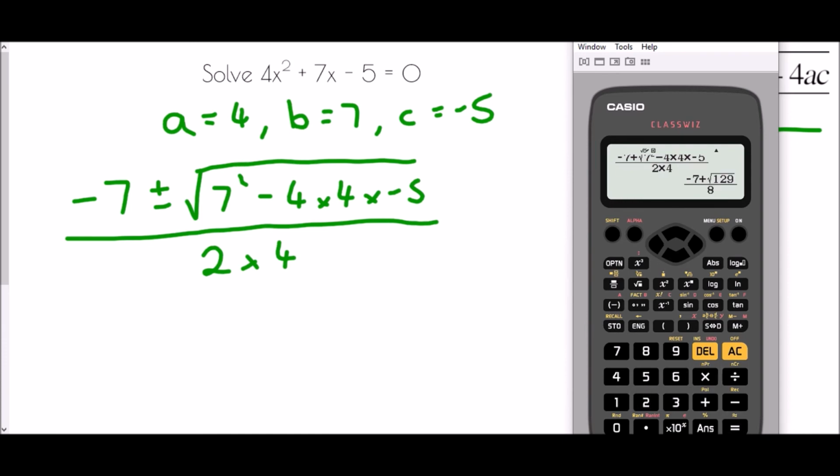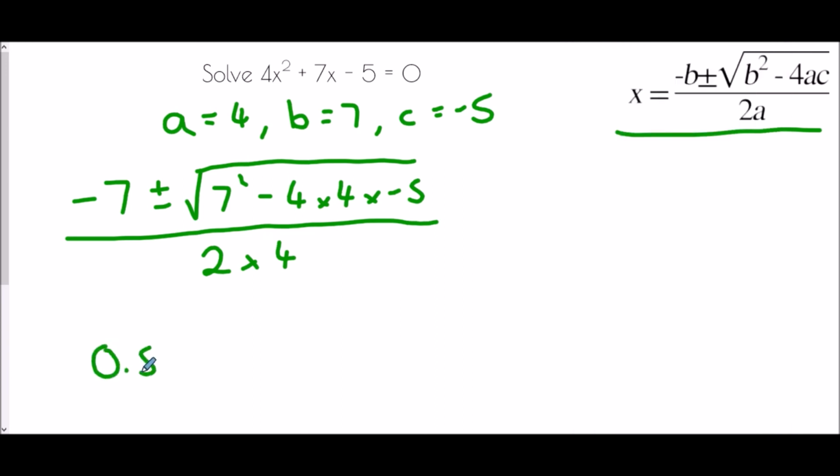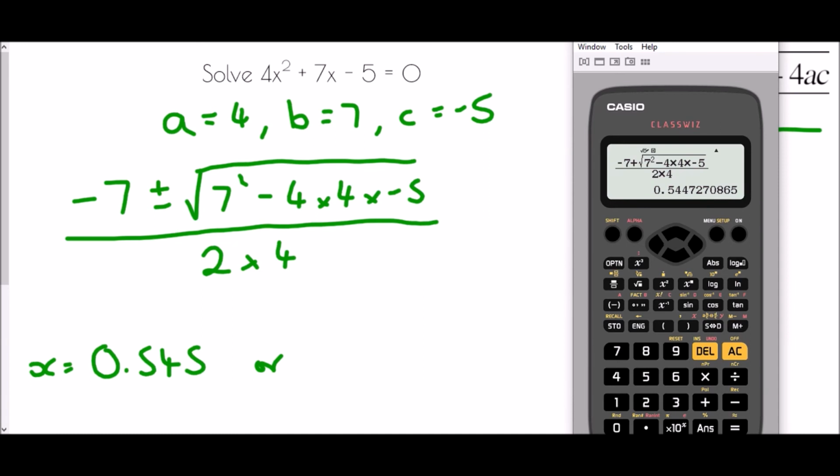And we get an answer of -7 plus the square root of 129 over 8. Not a particularly nice answer, but if we do it as a decimal, it's going to be 0.545 to 3 decimal places. So 0.545 is one version, but the other version would be, again, if we just take it back within the working out, and we take it back all the way so that it says subtract rather than add.